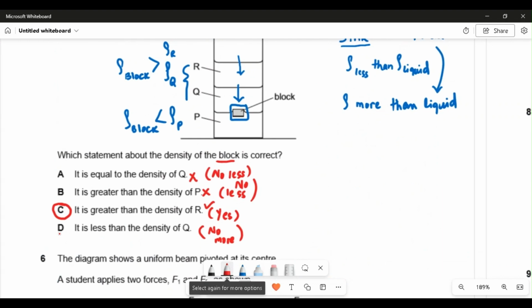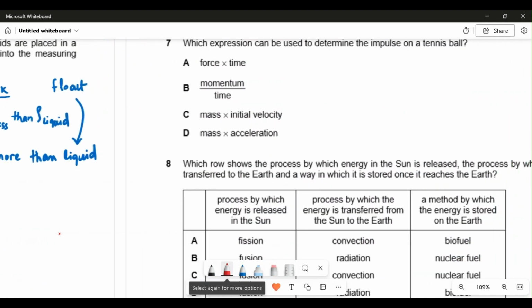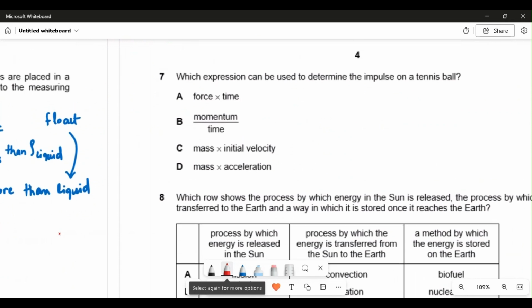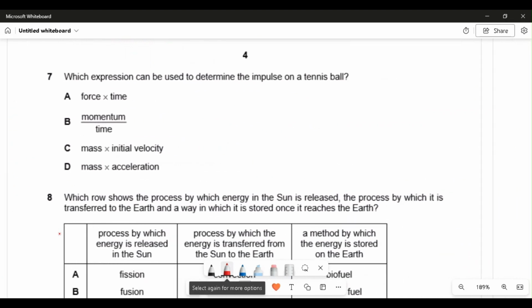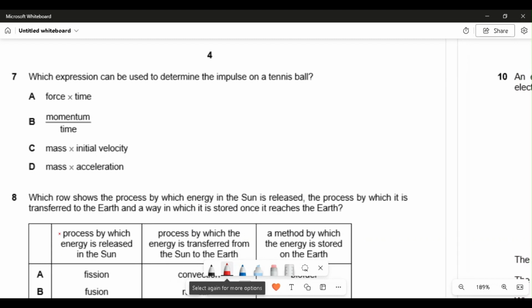Let us move to question number 7. What is this question 7 about? Which expression can be used to determine the impulse on the tennis ball? I would like to remind you, impulse is a large force acting on an object for a short time.